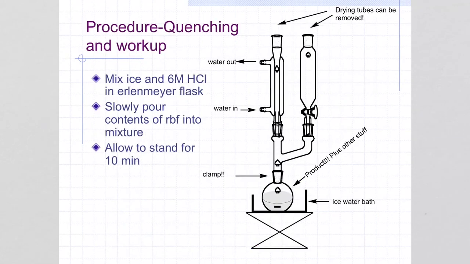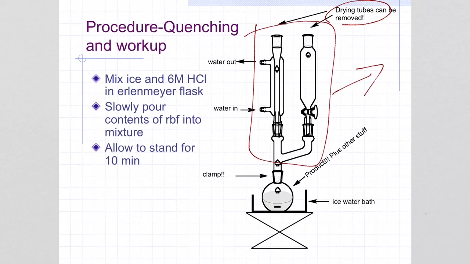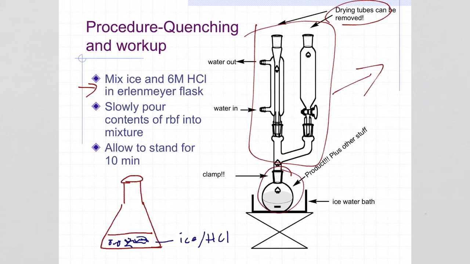Alright, so once your reaction is done, you can not only remove the drying tubes, you can just take all of this stuff off. You're going to mix ice and 6 molar HCl in an Erlenmeyer, and then take the round bottom flask and pour it into that ice and hydrochloric acid mixture and allow that to stand for 10 minutes.